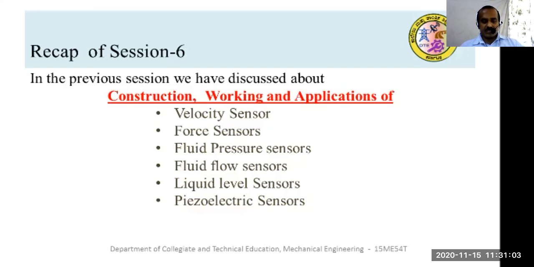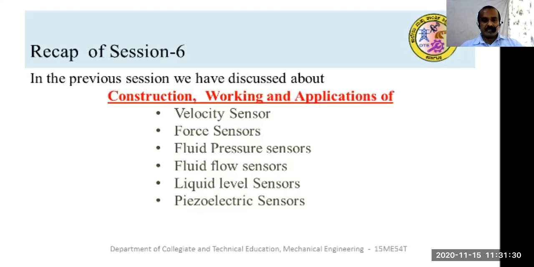A fluid pressure sensor is used to measure pressure in a system. We use various types of elastic membranes like diaphragm, bellows, capsule, or Bourdon tube. Fluid flow sensors: a turbine flow meter is used to measure the flow of a fluid in a pipeline.